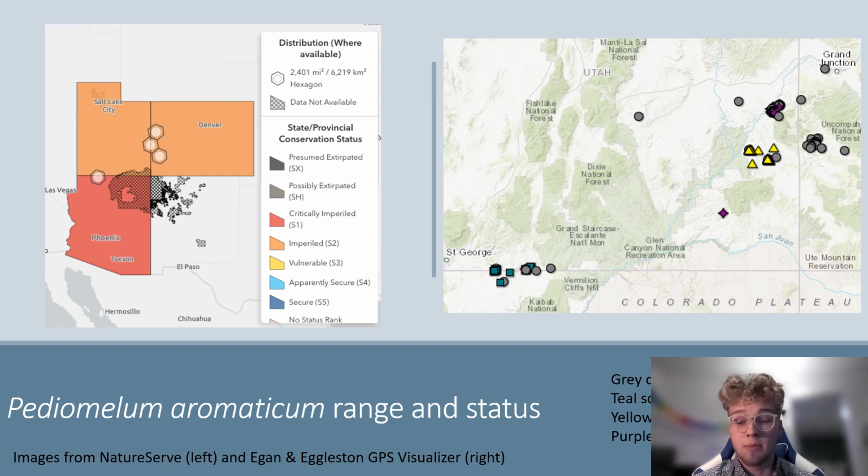The blue squares on this map, sorry, I cut off the key a little bit, represent the Barnabii variety. The yellow diamonds represent the 2EI variety. The purple diamonds represent the Aromaticum variety, and the gray circles represent undocumented or unspecified varieties. These mostly come from the museum herbarium records, but they're all probably Aromaticum.